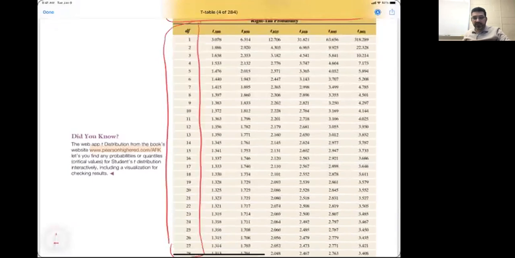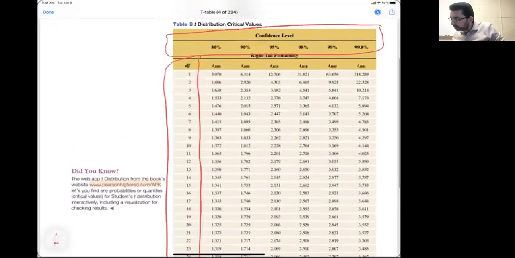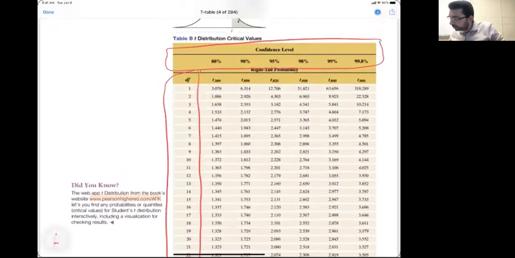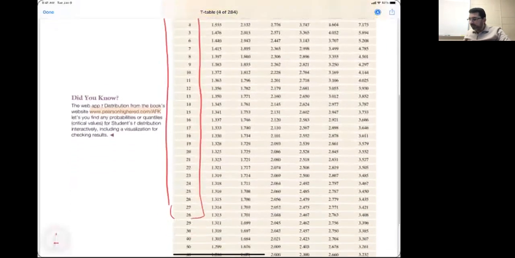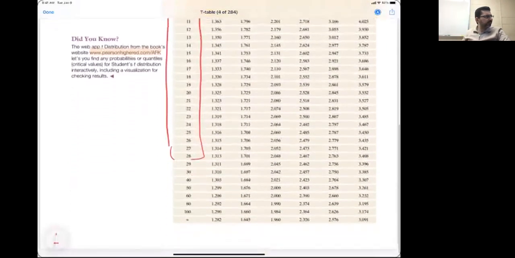So our confidence level is 95%, this one, and degrees of freedom 222. So where is 222?